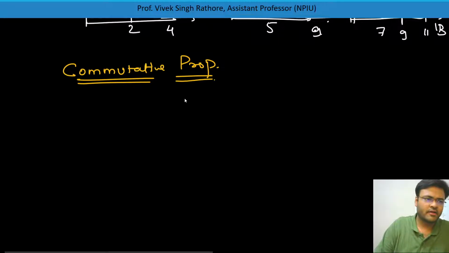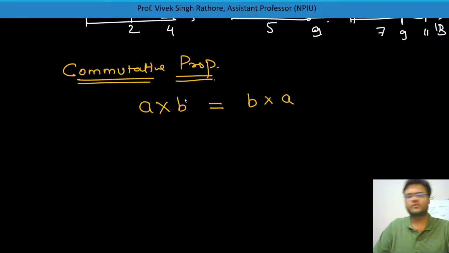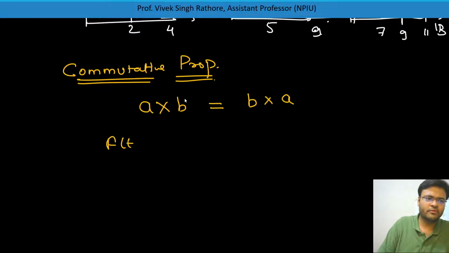See, whenever a signal is multiplied by another signal, if it is the same as the second signal multiplied with the first signal, then the system or whatever operation we are doing is following the commutative property. So whether our systems follow it or not, LTI systems will check it. Let your input signal be ft, convolved with h of t.